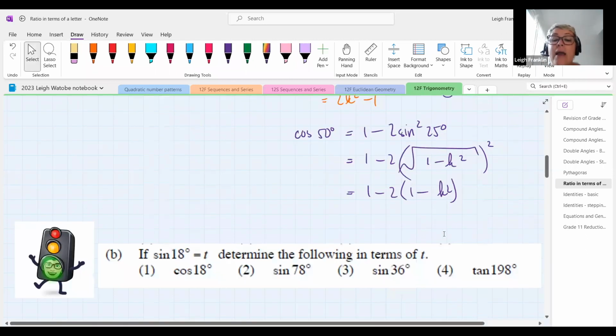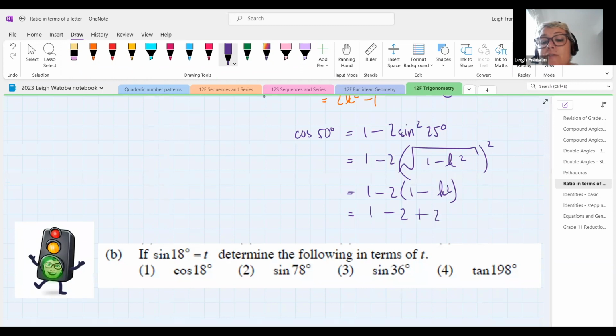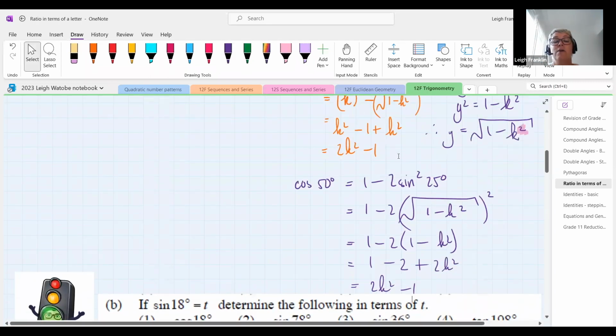Now you would end up with 1 minus 2 plus 2k squared. If you rearrange that, it would be 2k squared minus 1 as your final answer. So it doesn't matter which one of them you use.